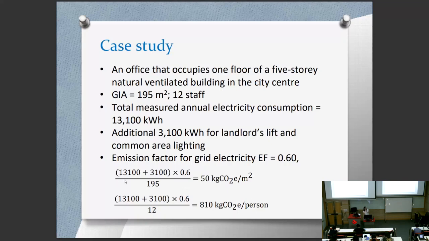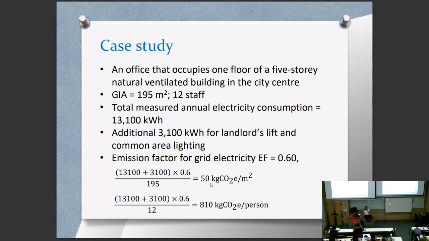So within the office, the energy consumption is 13,100 plus the landlord portion, 3,100. This is the total energy consumption by this office. And multiply by the emission factor of 0.6, and we divide it by the gross internal floor area.